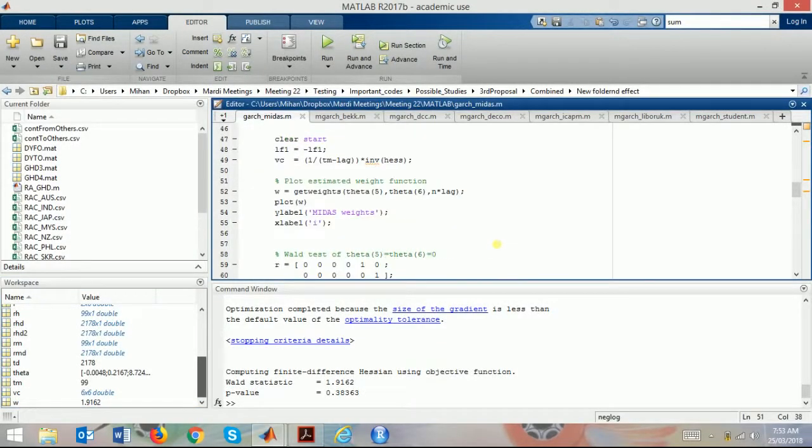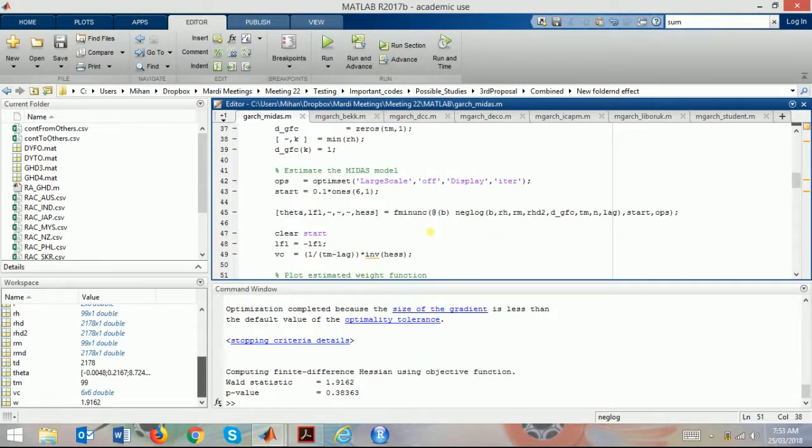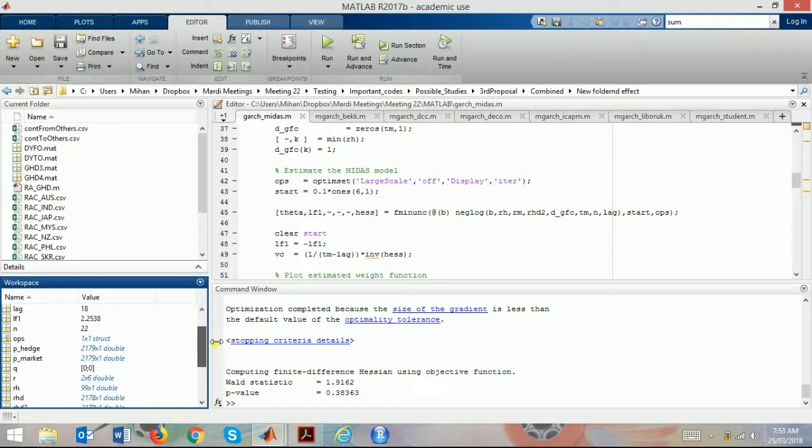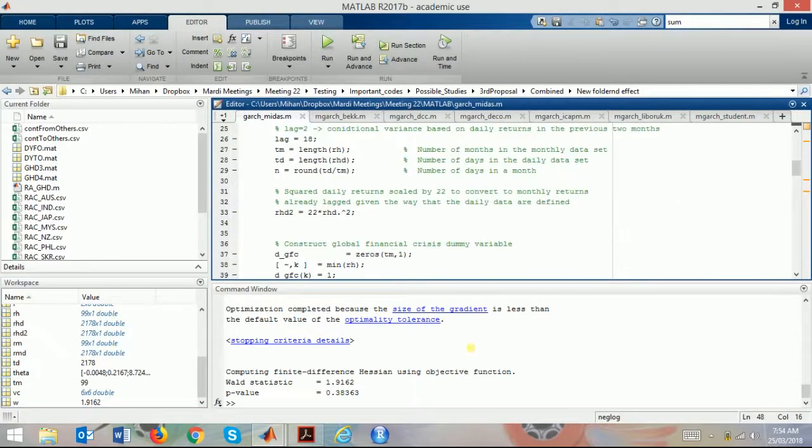Okay, I'm sorry. Let's have a look into B. Okay, so that's what we needed to know. Return on monthly, variance covariance, the weights, everything. Pretty good.